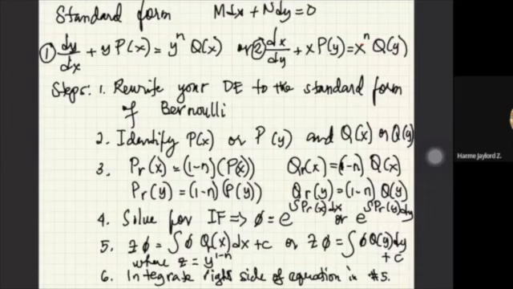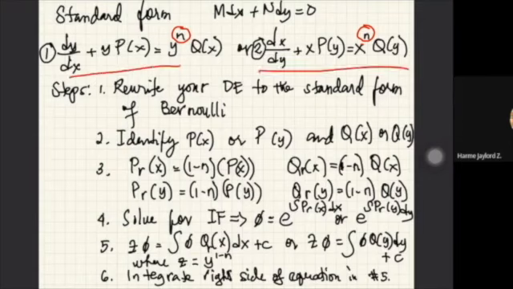But the difference this time is you have a y to the n on the right side, or an x to the n. That's the only difference. So here are the steps. You rewrite your DE to the standard form of Bernoulli, which is either this one or this.